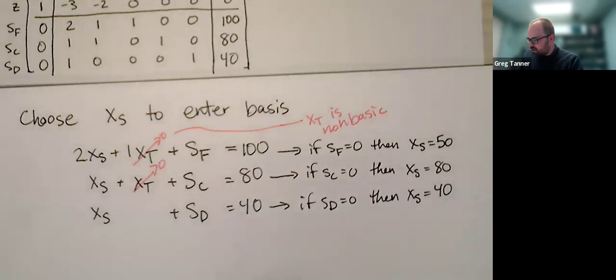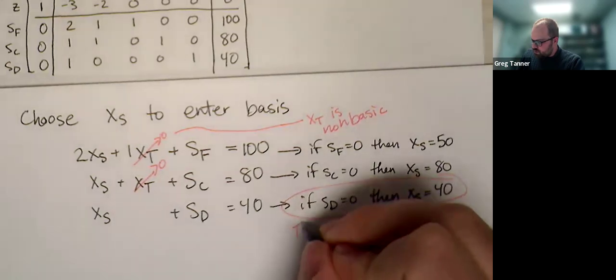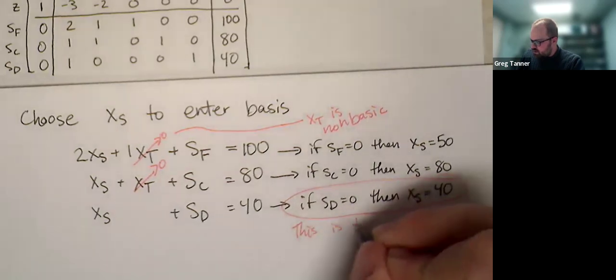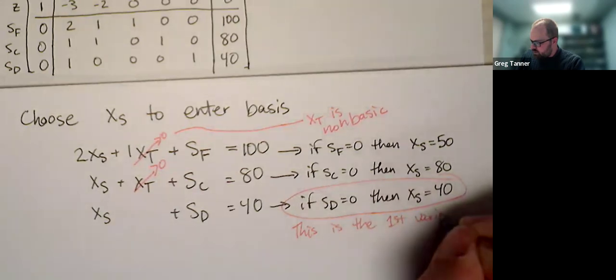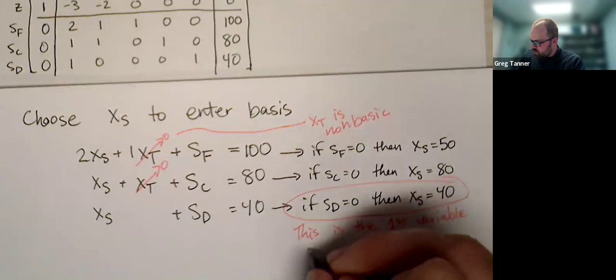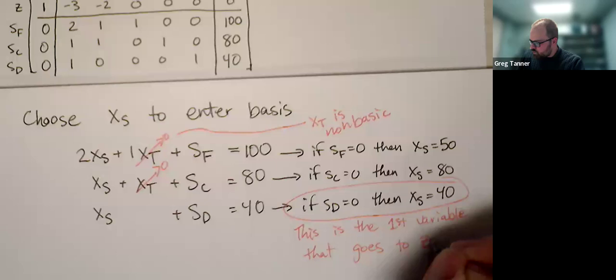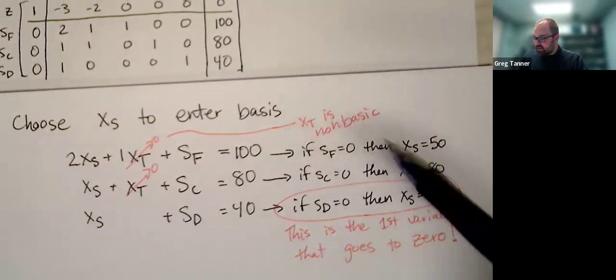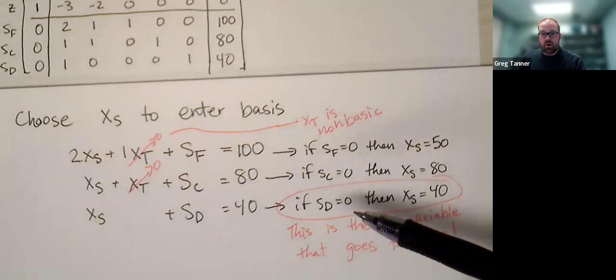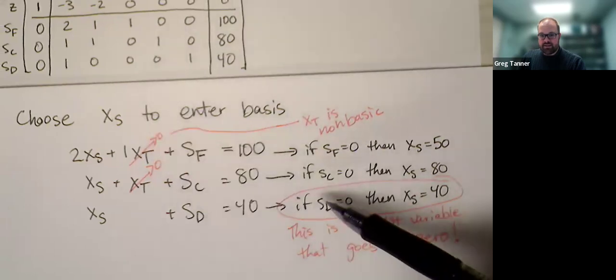Okay. And so looking at these, the first one that gets driven to 0 is this one. So this is the first variable that goes to 0. Okay, and so sd is going to be what we'll call our exiting variable. xs is entering, sd is going to exit then.